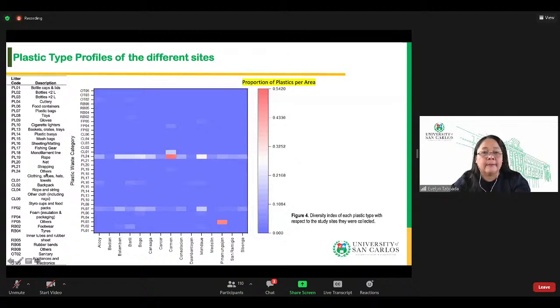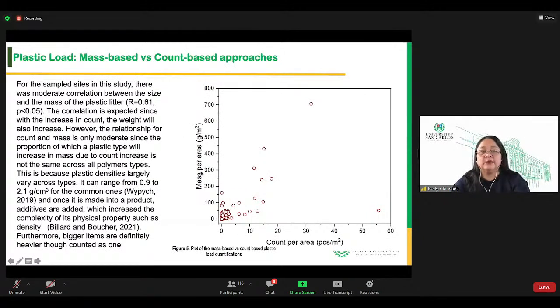Again, other types of plastics like clothing, shoes. So from this picture, we could also categorize the plastic waste that we can see in the various mangrove sites around Cebu Island.